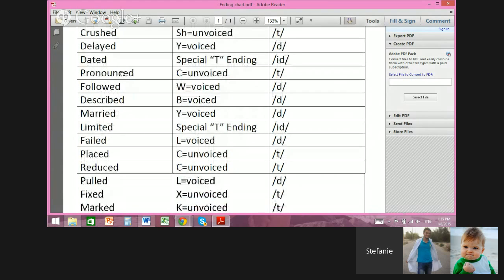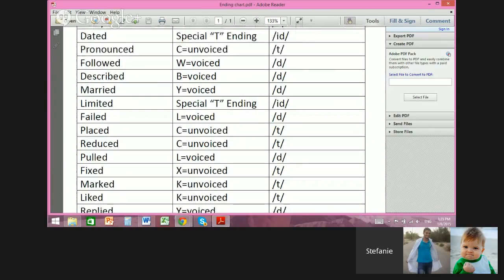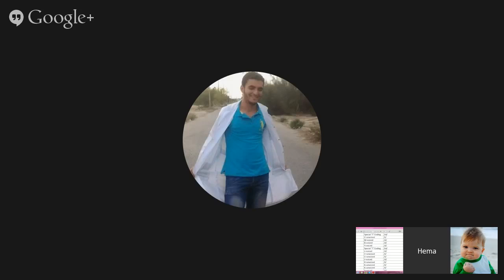Hema, please do dated and pronounced. The verb date ends with the letter E, which is a silent letter. So actually, in pronouncing it, it ends with T, which is a special ending. So we add the sound D to be dated.